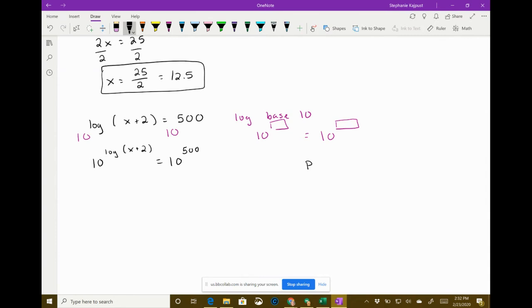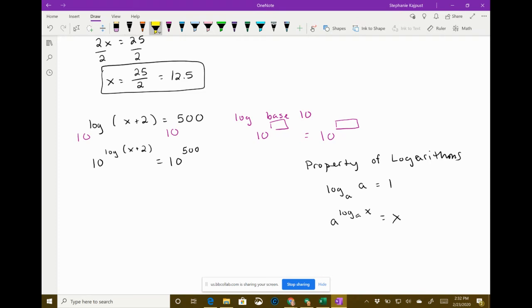So this is coming from another property of logarithms, that if you have log base a to the a, those basically cancel out. Or if you have a to the log base a of, let's say I just put an x there, those cancel out and you're just left with x.